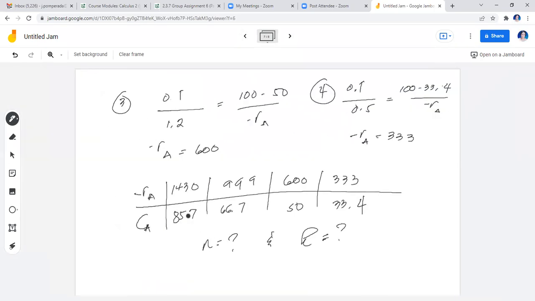Okay, can you place it on the chat box, please? ln of RA and ln of CA. How many decimal places? 2 will do. Okay, wait. Drexel is 6.9068.